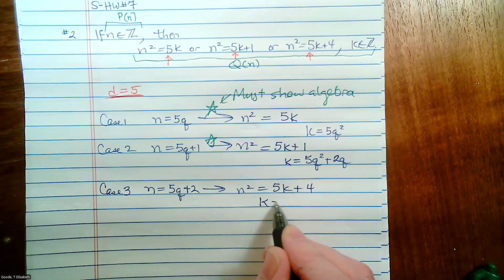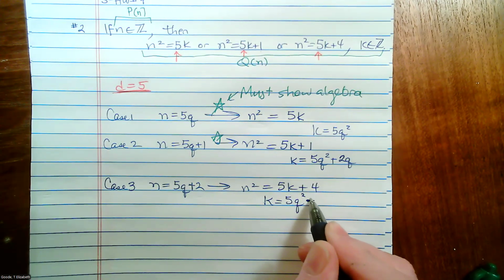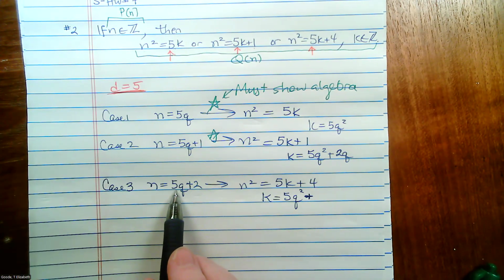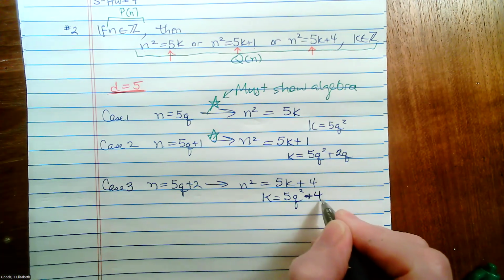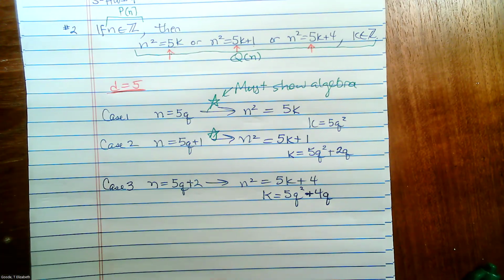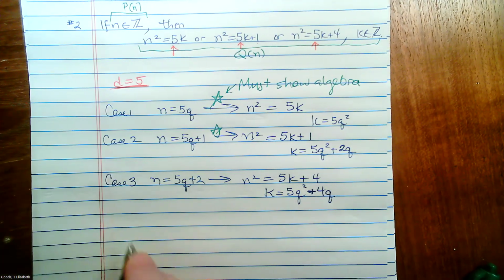And what was your k? k is equal to 5q squared plus 4. Nope. When you square this baby, 5 times 2 is 10, you're going to get 20q when you pull 5 out, so it's 4q. You're forgetting your q. Yes, I missed the q. That's very important, don't forget your middle terms.